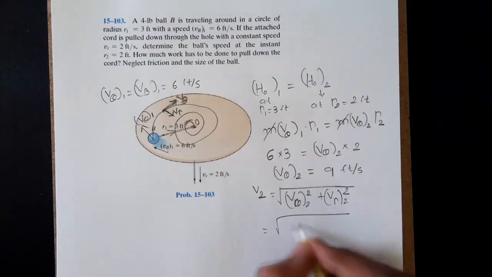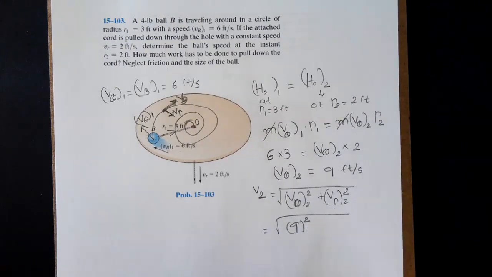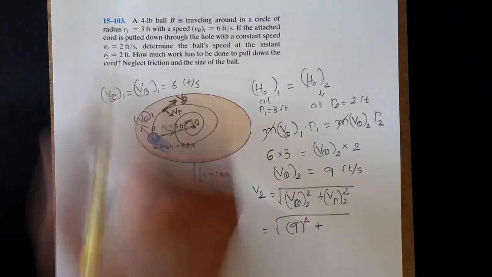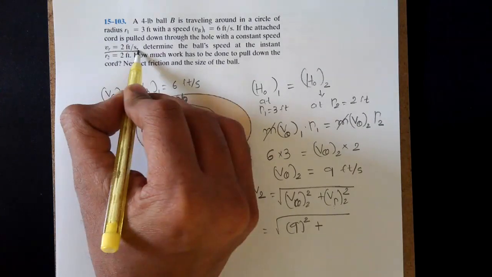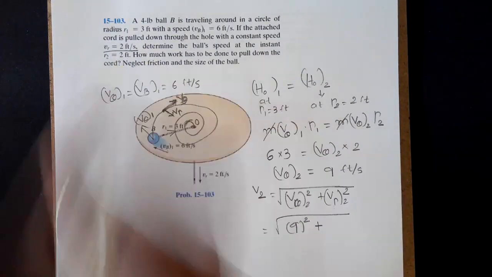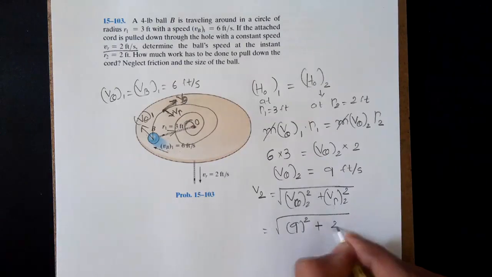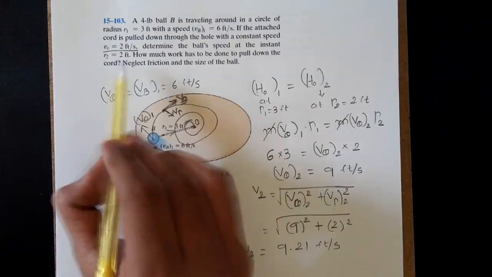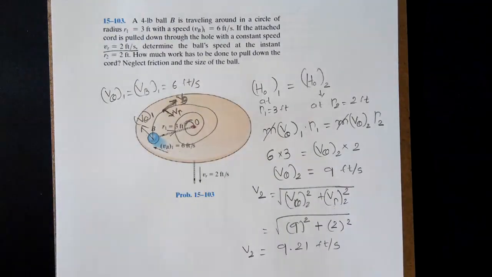Now v theta 2 is what we have just calculated, so it's 9 square plus the radial component of the velocity when radius is 2 feet, which is given in the problem as 2 feet per second. This is 2 square. And this answer is 9.21 feet per second. So this is the absolute velocity of the ball when the cord is 2 feet long. This is the first part of the problem.